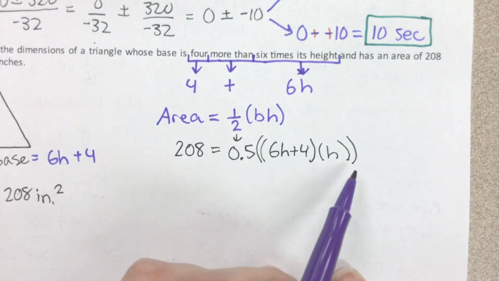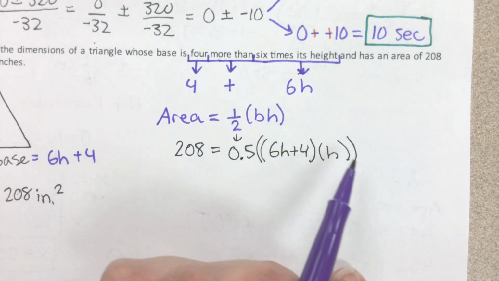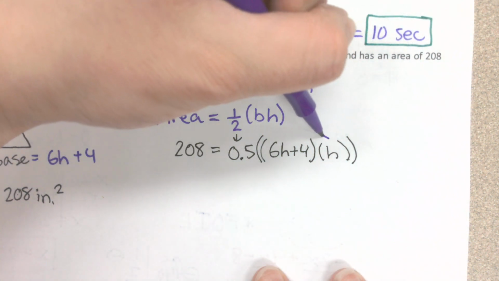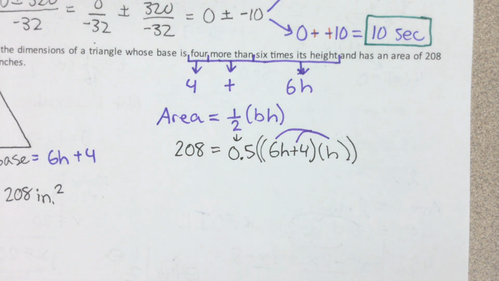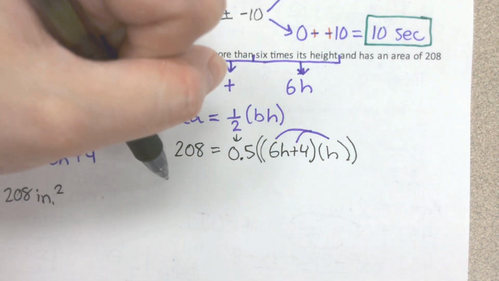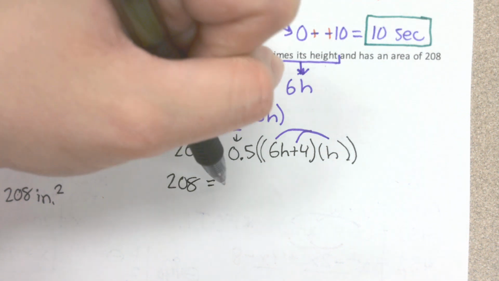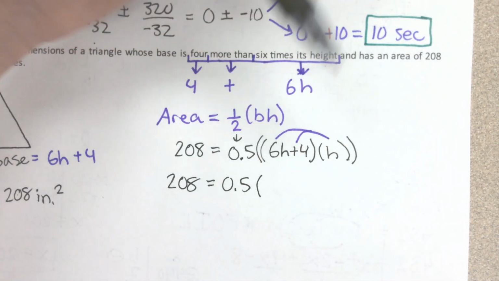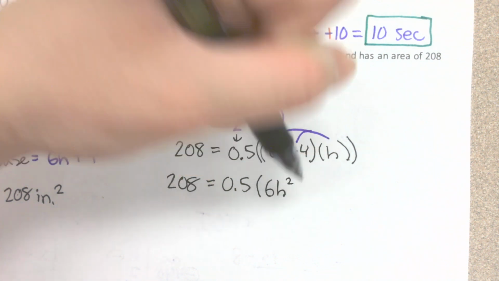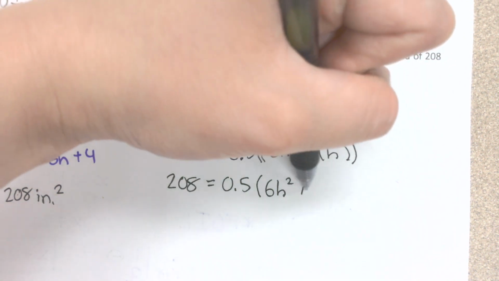So what I'm going to do is distribute this h inside of here. It looks backwards because the h is on the right side instead of the left side, but it works the same way. 208 equals 0.5 times h times 6h, that's 6h squared. H times 4, that's 4h.